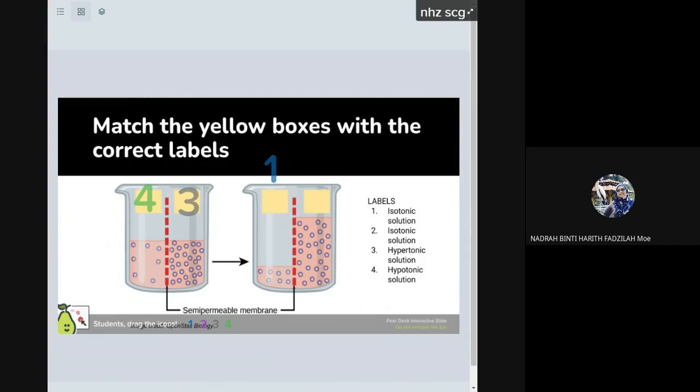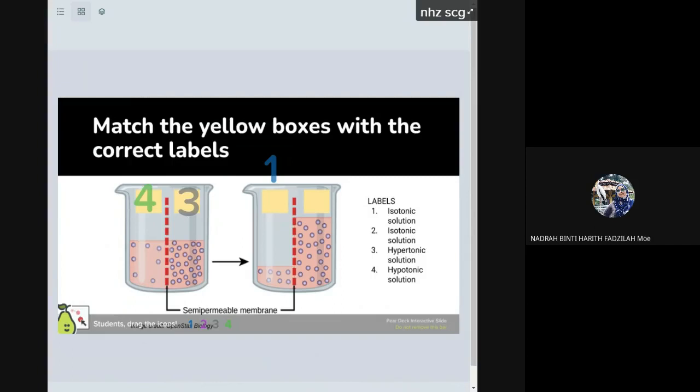Solution number 4 has a lot of water molecules but low number of solute molecules. So solution 4 is the hypotonic solution because it has a lot of water. Solution number 3 is hypertonic solution because it has low amount of water molecules.